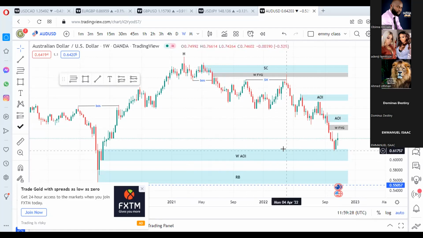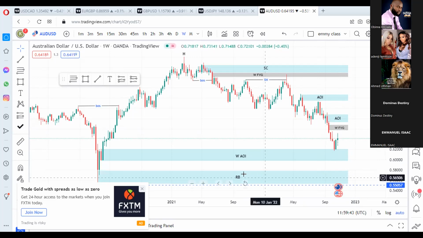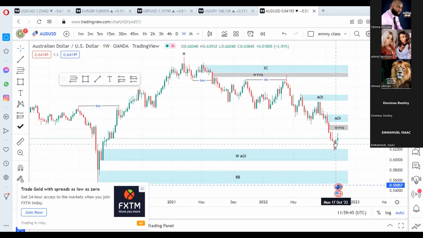The market reached this bullish order block and retraced back to this. So I'm watching the market to get to this weekly fair value gap and retrace back to meet up with our rejection block here.